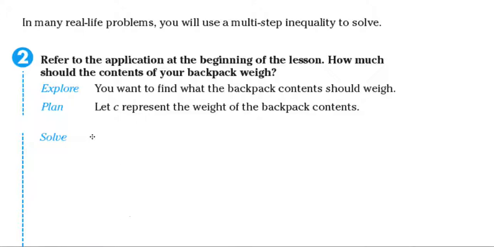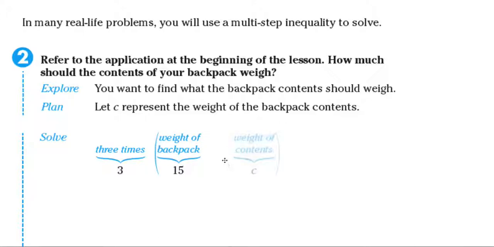It says 3 times the weight of a backpack plus its contents. So 3 times the weight of the backpack, plus its contents, gives you a plus there.